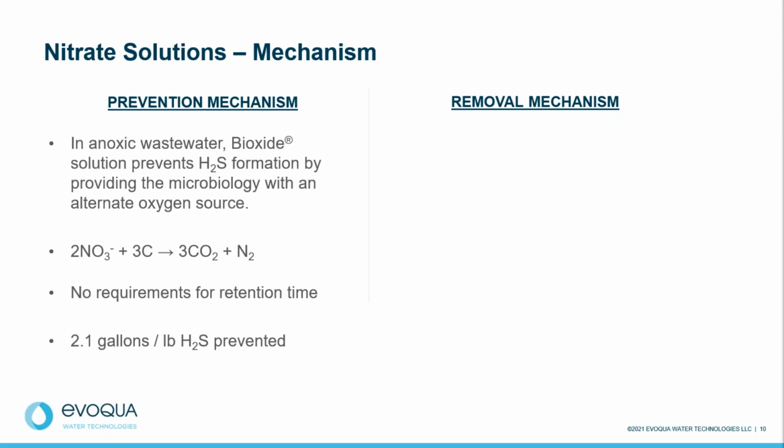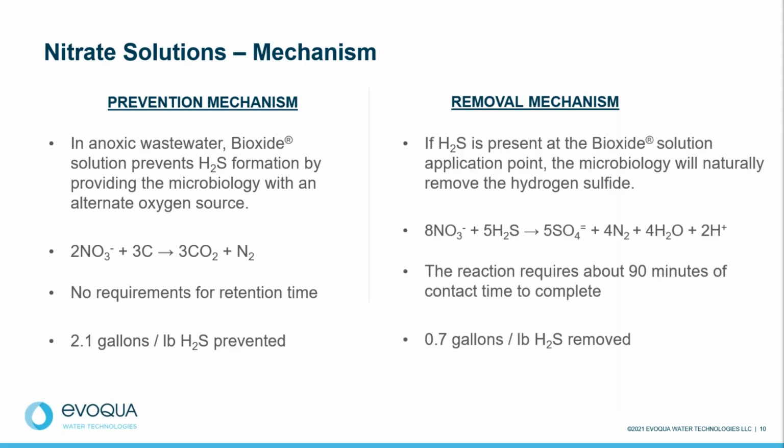As you can see in the reaction, the carbon matter or organic matter present in wastewater consumes the oxygen off of the nitrates, resulting in carbon dioxide and nitrogen gas. This reaction does not require any retention time as such, but it requires 2.1 gallons of chemical for every pound of hydrogen sulfide prevention.